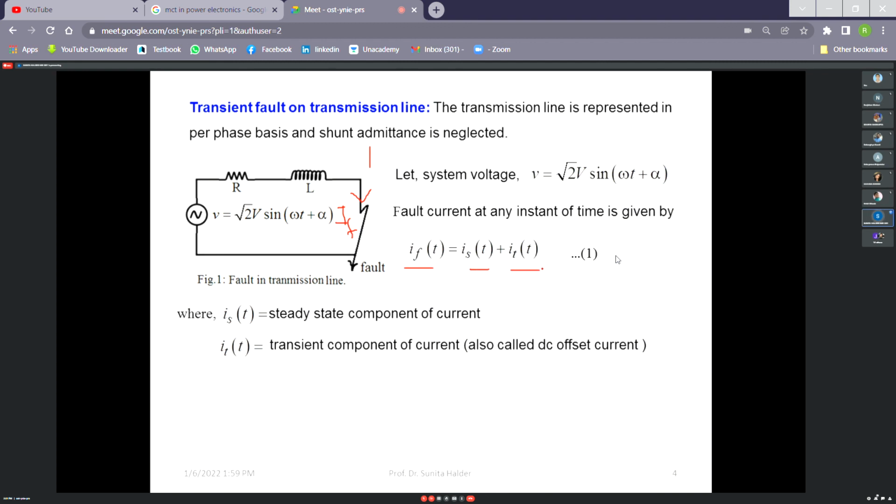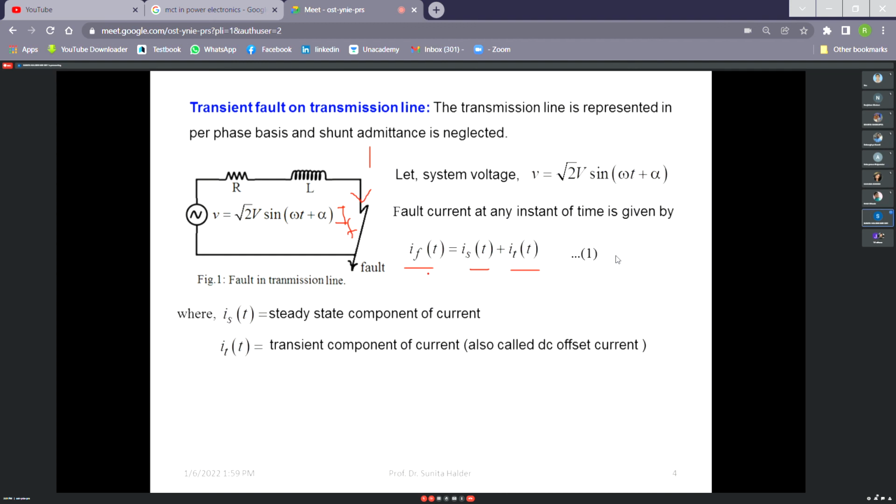Because if we allow this fault current to flow, then after some time, the switching condition will be over and the system will be in steady state for any circuit. So fault current will have two components: one is the steady state component, another is the transient component.